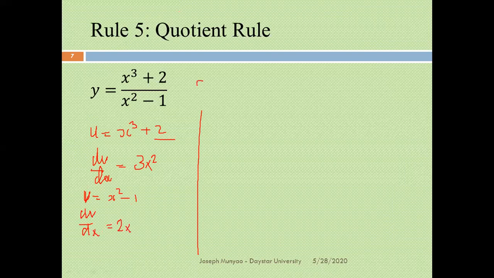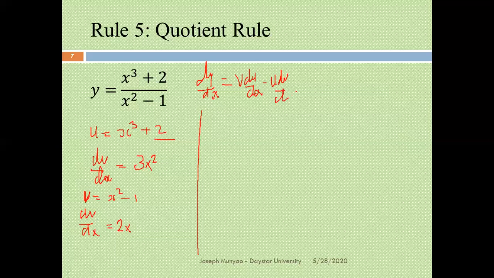How does our formula look like? dy dx, our formula was v du dx minus u dv dx, everything divided by v squared. Let's replace. If you replace here, v is x squared minus 1.